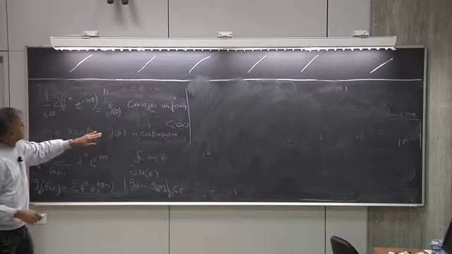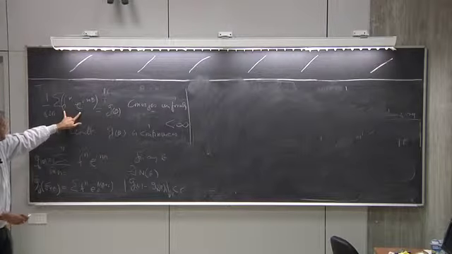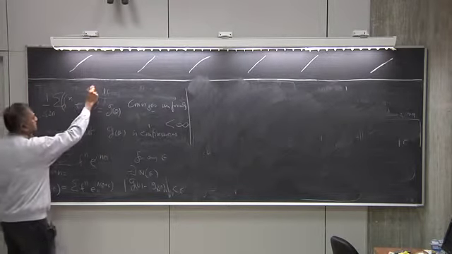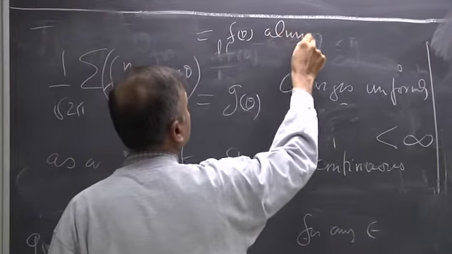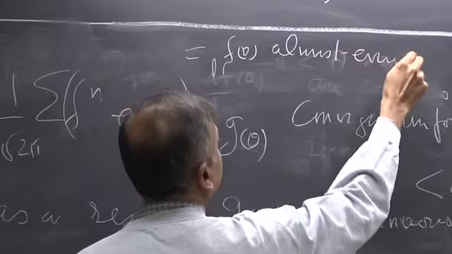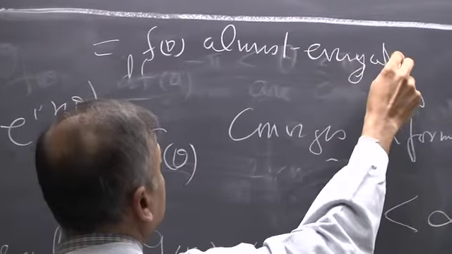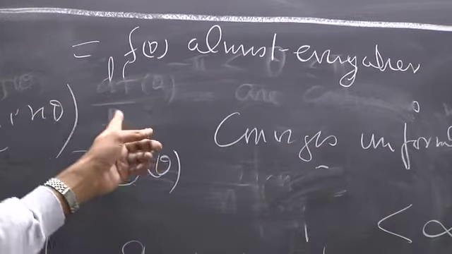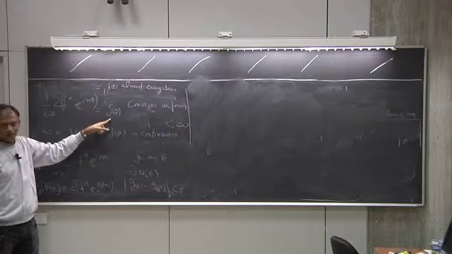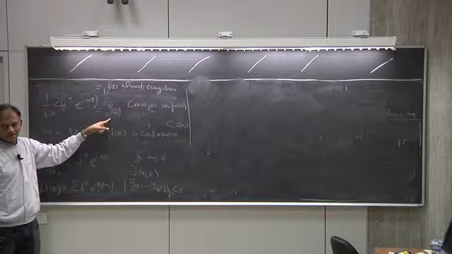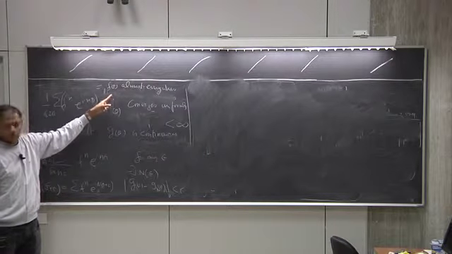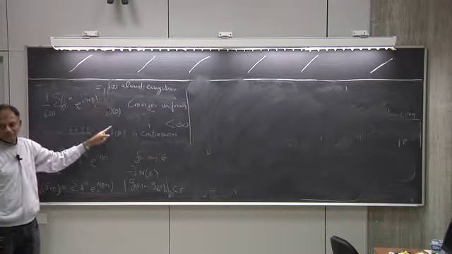But on the other hand, I know by the general theorem that this must give you f(theta) almost everywhere, in the sense of the L2 space. This we already know. So the difference between f and g must only be on a countable number of points. But f is continuous by assumption, so f must be equal to g.